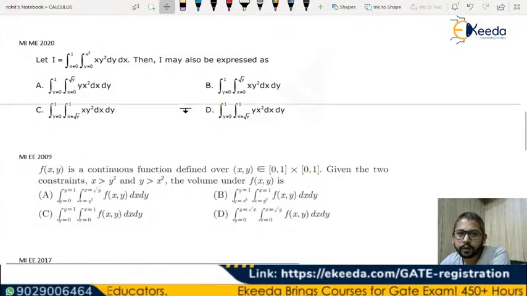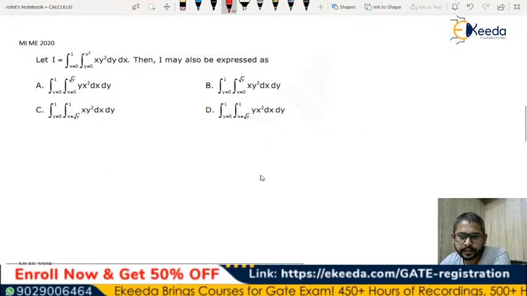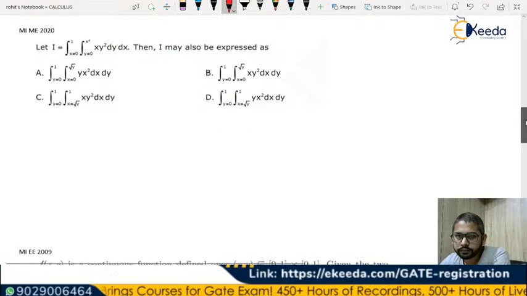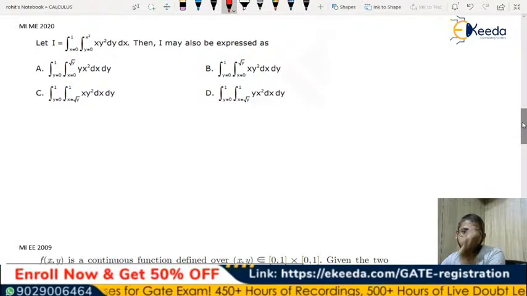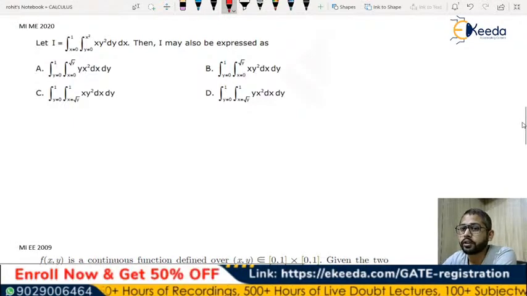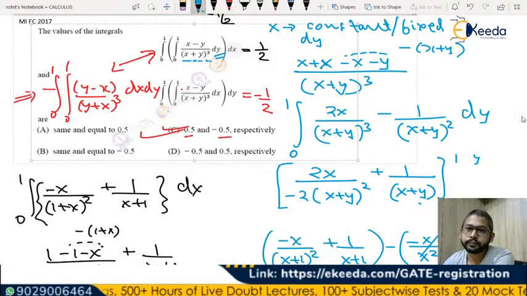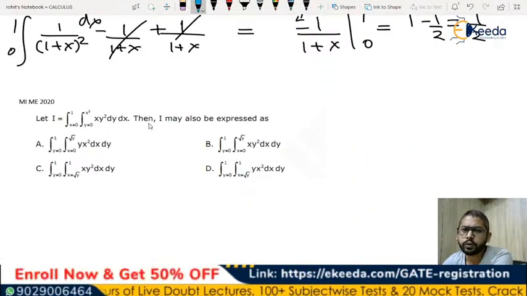So this is a different one. The first two were like similar ones, I'll say. In this case, what you have to do is you have to change the order of integration, and that is what they'll ask you sometimes, right? This is what they are going to ask you sometimes.